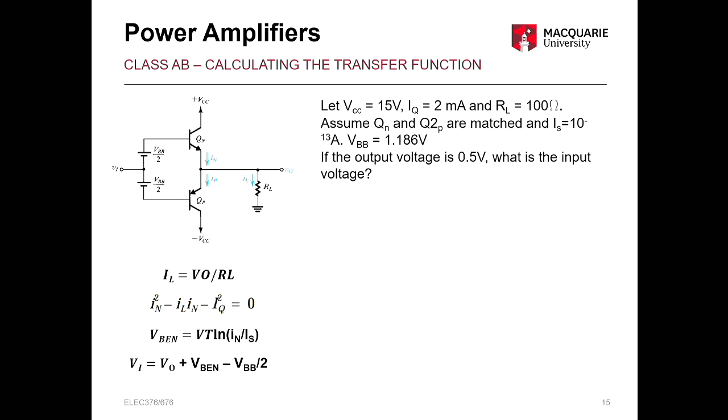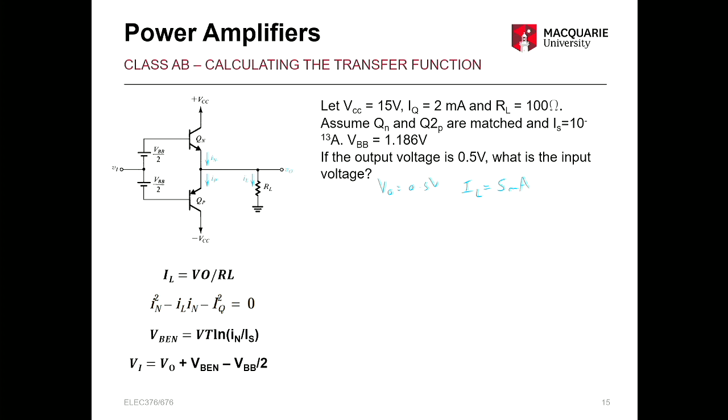So the steps to solving this are pretty straightforward when you've got those equations in front of you. First, we calculate our IL. We already know our output voltage, V out is equal to 0.5 volts. We know our output resistance, 100 ohms. So a very simple calculation gets our IL equal to 5 milliamps.